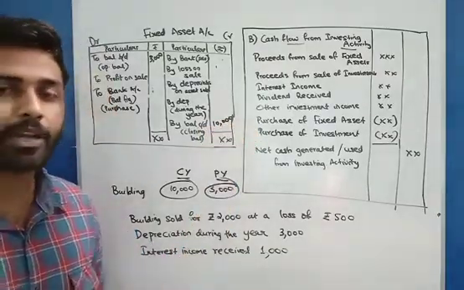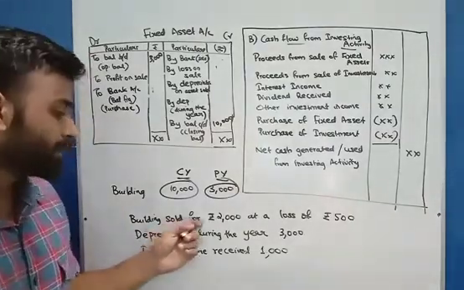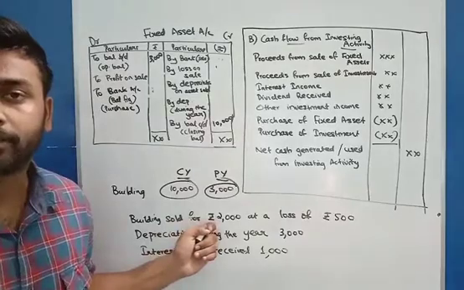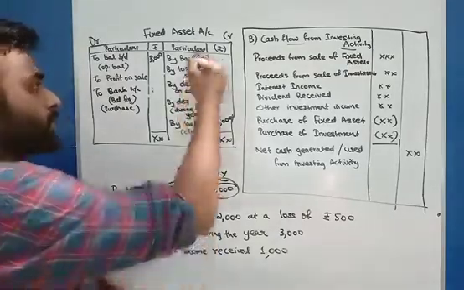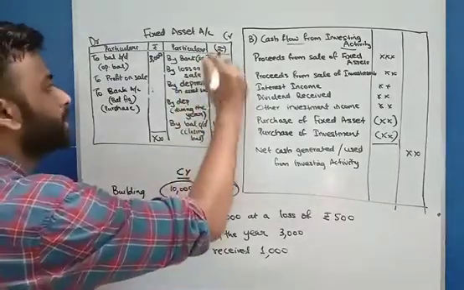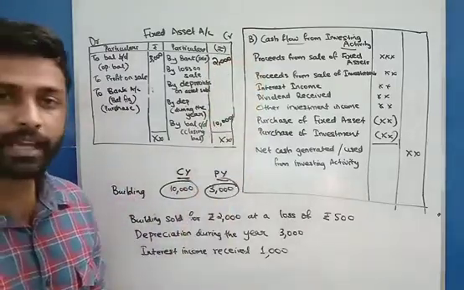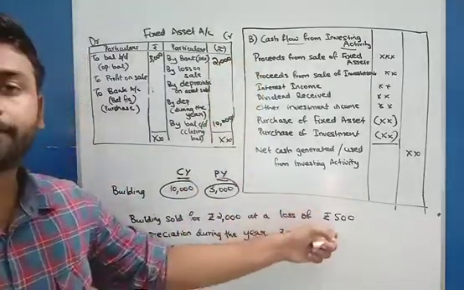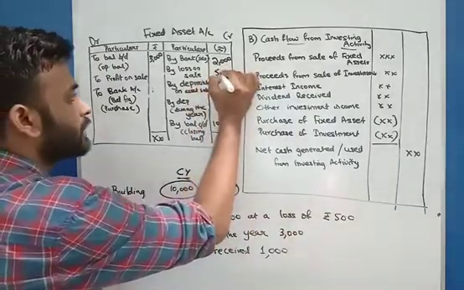Then we check the given details. The building was sold for 2,000, which means we received 2,000 cash, so 'by bank' in brackets sale, write 2,000. Then it was sold at a loss of rupees 500, so loss 500.